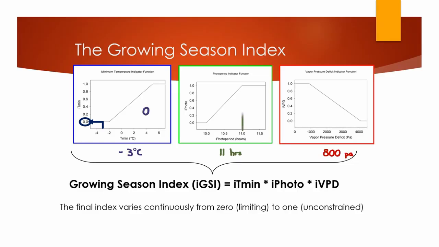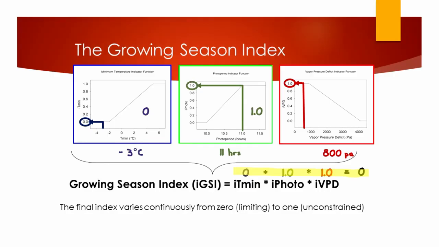And even though our photoperiod is at 11, which would give this value 1.0, and a vapor pressure deficit indicator that was right here, which would give it a value of 1.0 as well. GSI is just calculated as the product or the multiplication of these three indicators. So in this case, it's 0 times 1 times 1, which is 0.